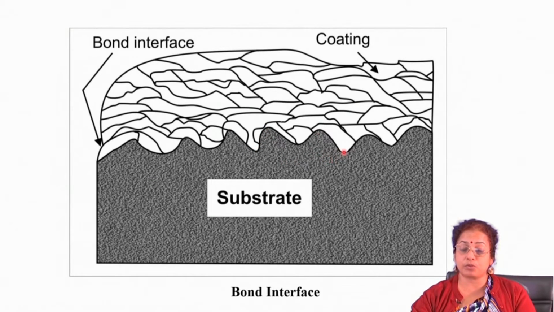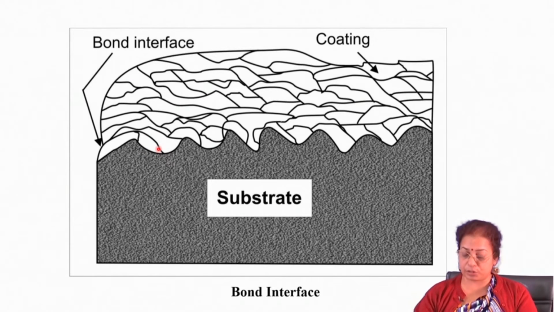Because of the groove formation, this helps in anchoring the solidified, melted or semi-solid particles to get impinged into the surface of the substrate. So, it is important that the surface should be properly treated prior to the spraying operation.